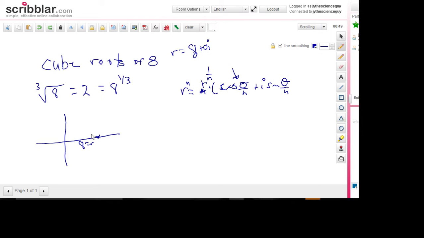So what is theta there? If I make the line in red so it's visible, that's my line. How many degrees is it for theta? Do you know? Oh, just 0. It's just 0.